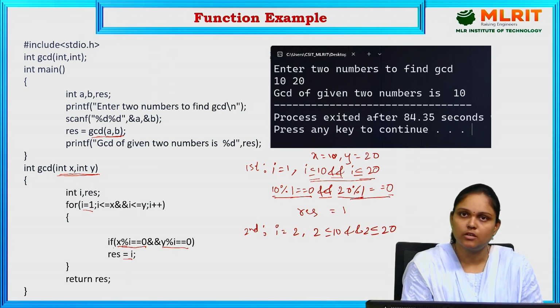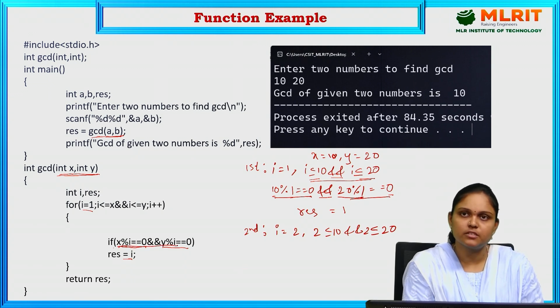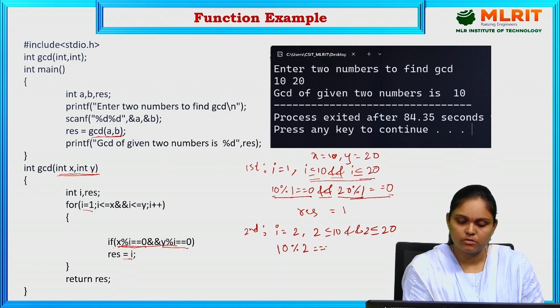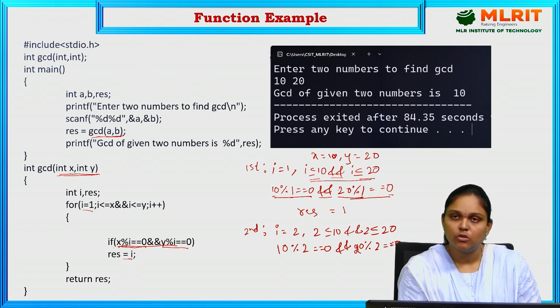Both the conditions are true. So if the condition is true, then we are finding whether 2 is a factor of x and y or not. The x and y values are 10 and 20. So by using these conditions, here 10 modulus 2 double equals 0 and, sorry, y is 20, so 20 modulus 2 double equals 0.